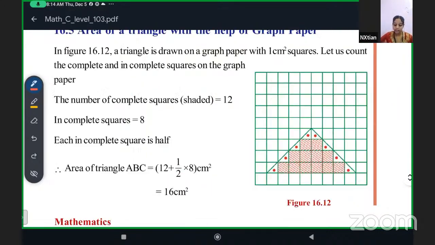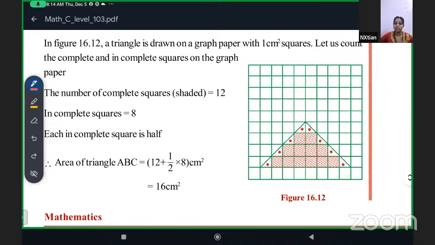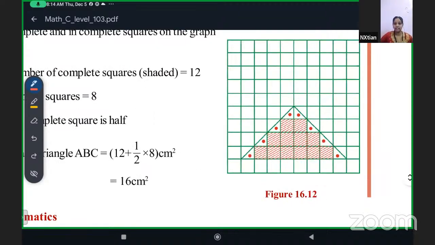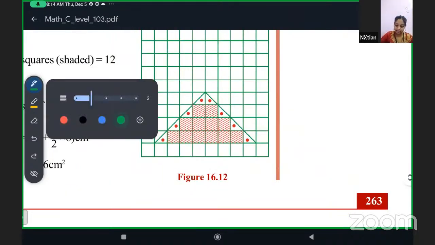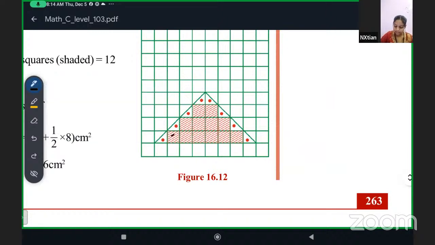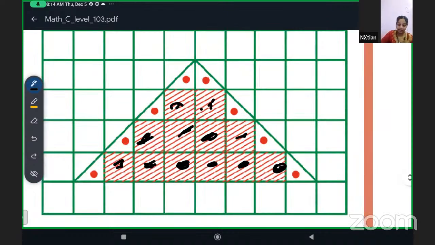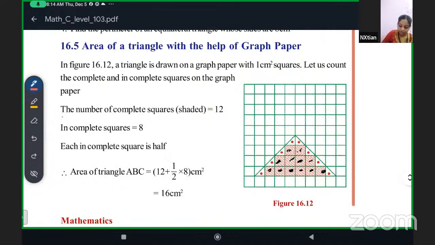What we do first, we can count how many squares are there which are completely inside our triangle. We have 1, 2, 3, 4, 5, 6, 7, 8, 9, 10, 11, and 12. Okay, 12 squares which are completely inside the triangle. So we write number of complete squares or shaded, that is 12.